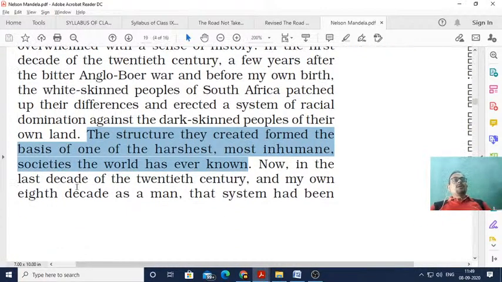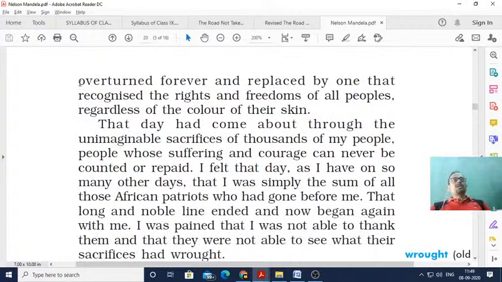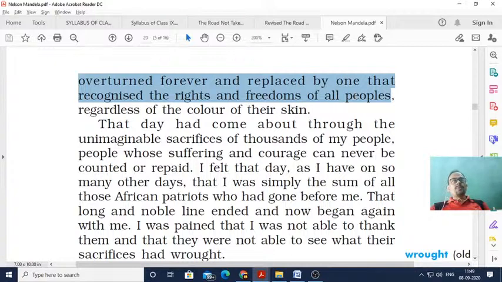Now, in the last decade of the 20th century and my own 8th decade as a man, that system had been overturned forever and replaced by one that recognized the rights and freedoms of all peoples regardless of the color of their skin. And he says, after so many years of suffering, now we have set up a political system where the rights and freedoms of people of all races and colors will be given.